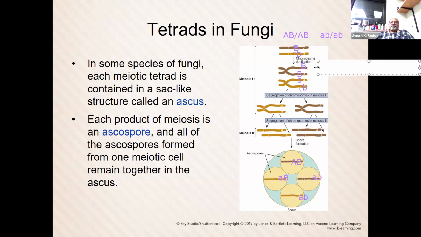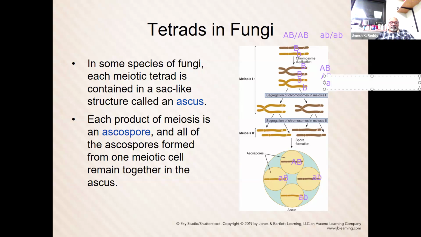Let me go. This chromosome, capital A, capital B. And this side, small a, small b. This has small a, small b. Indicating what, folks? There is no recombination here, but the recombination can happen.